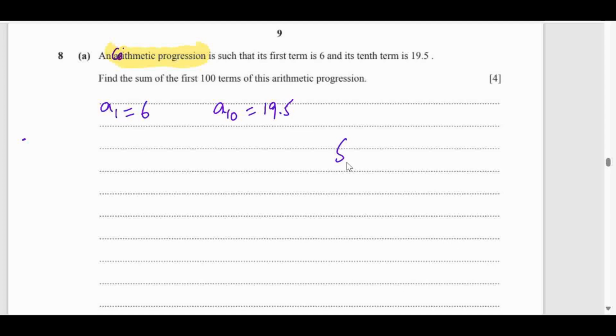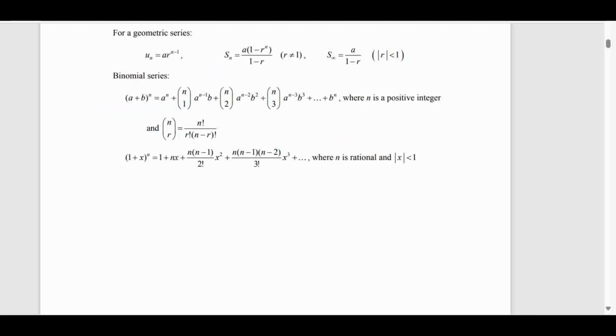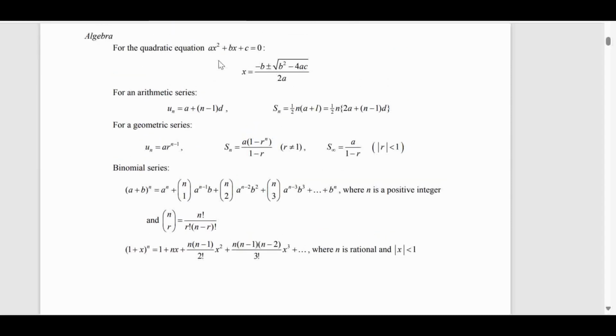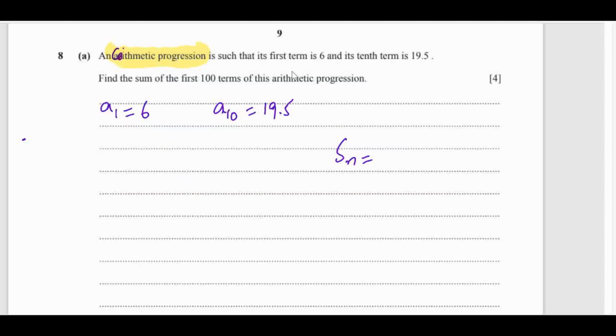Now we know that the formula for summation is Sn is equal to, let's see the formula, that we can use for the arithmetic progression. So this will be equal to n by 2 into 2a1 plus (n minus 1) into d.